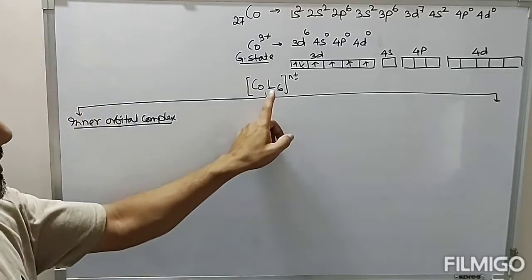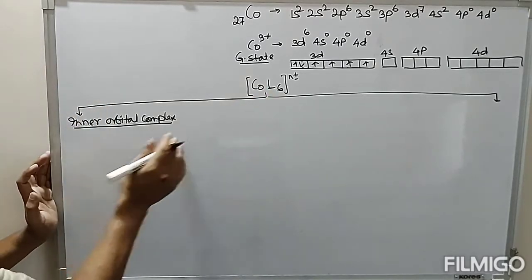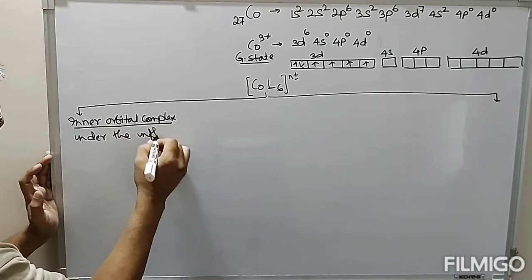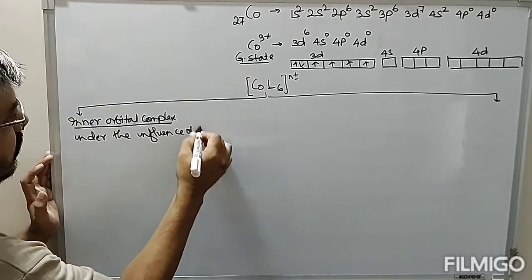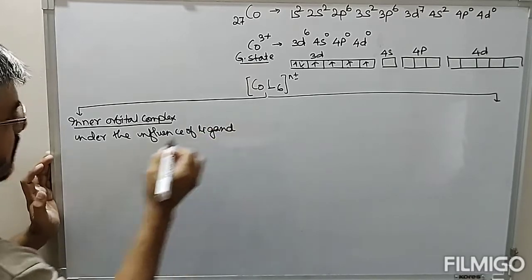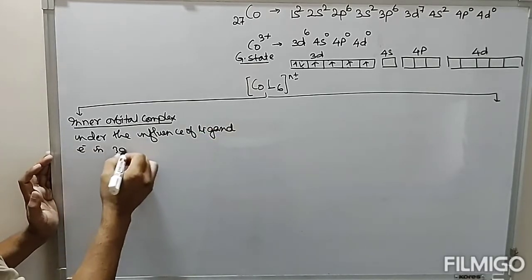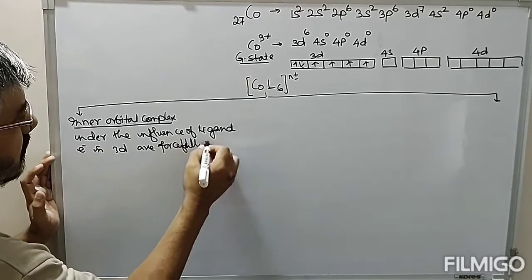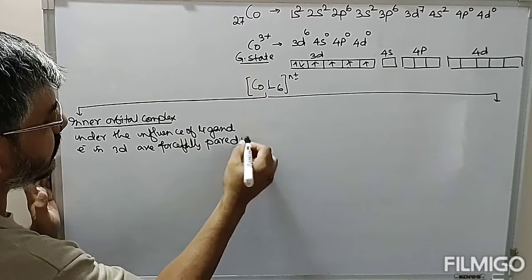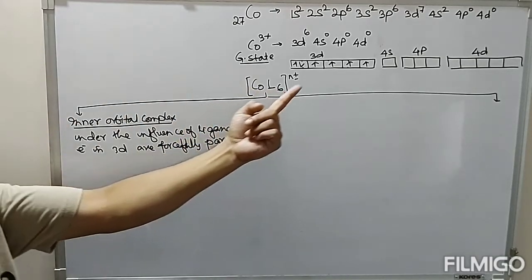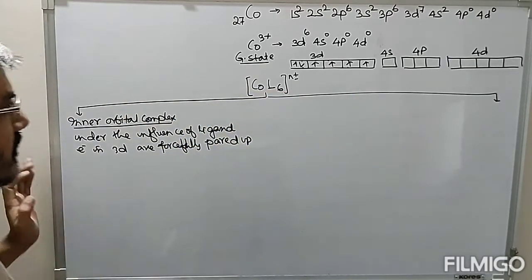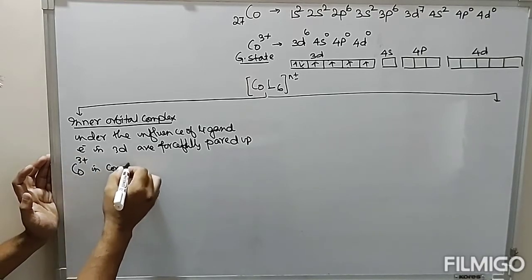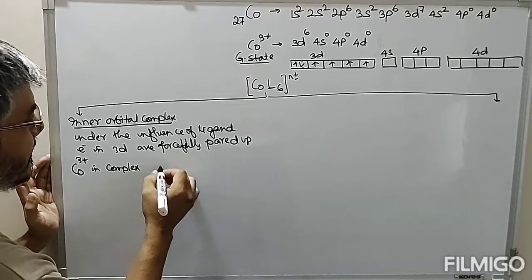So under the influence of this ligand, electrons in 3d are forcefully paired up so that 2 d orbitals become available. So look at this, cobalt plus 3 in the complex.